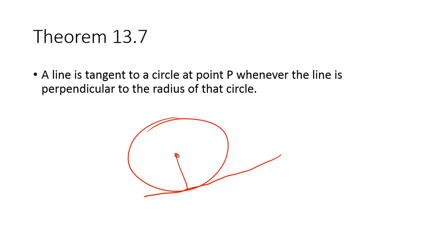If the radius crosses it perpendicularly, then we have a tangent. If it doesn't cross it perpendicular, then it's not a tangent. So if you have a tangent line of a circle, the radius will always touch it and they create a 90-degree angle.